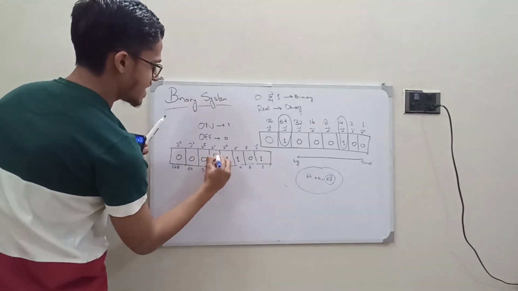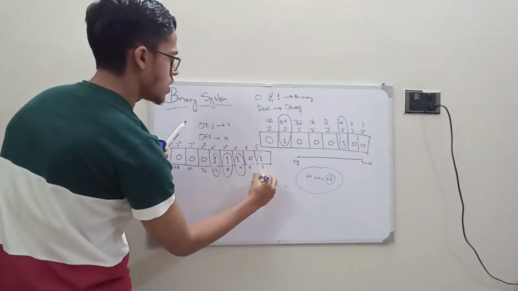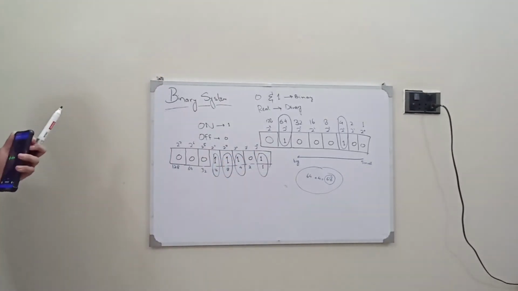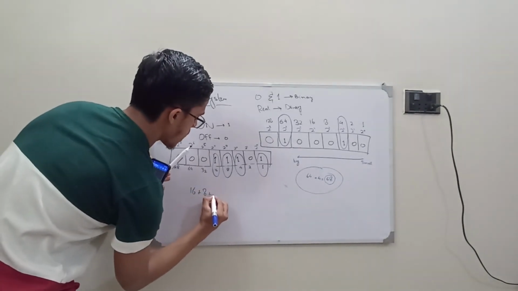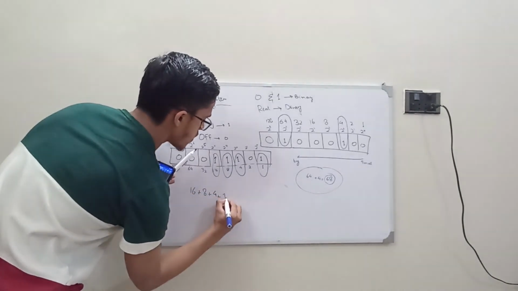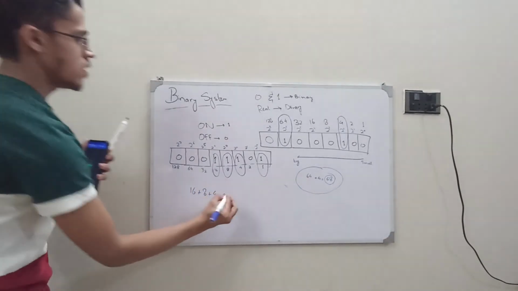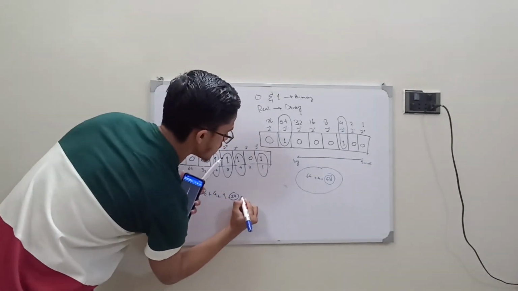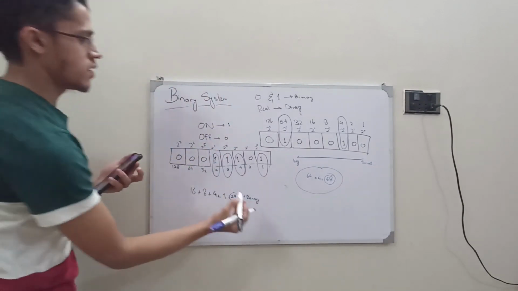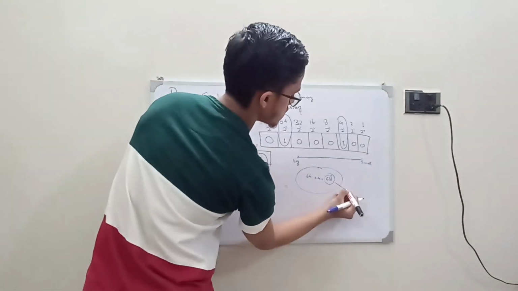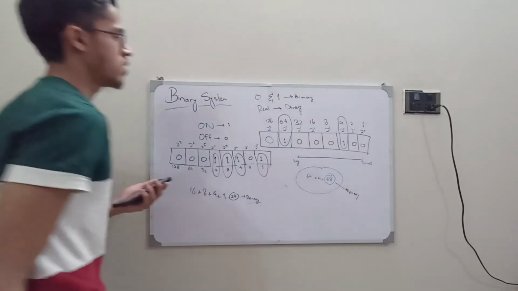So this state is on, this state is on, this state is on, and this state is on. Let's add all of these numbers: 16 plus 8 is 24, 28, and then 29. And this is a denary number.